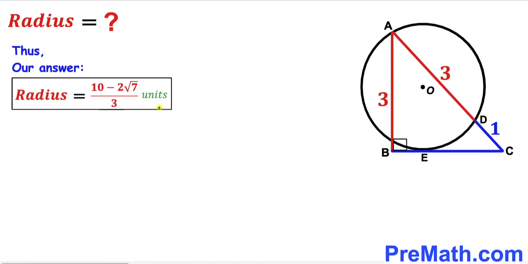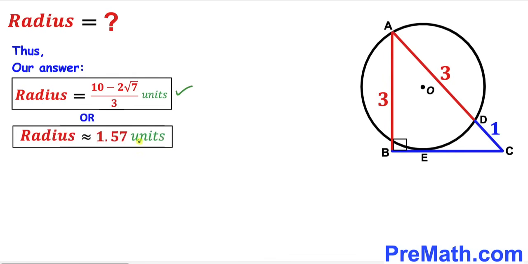So thus after all the calculations and manipulations, our radius turns out to be 10 minus 2 times square root of 7 all over 3 units. And that is going to be approximately equal to 1.57 units as well. And that's our final answer.